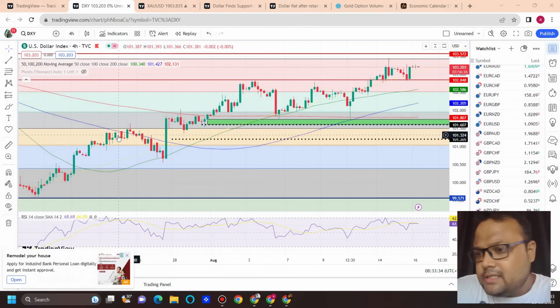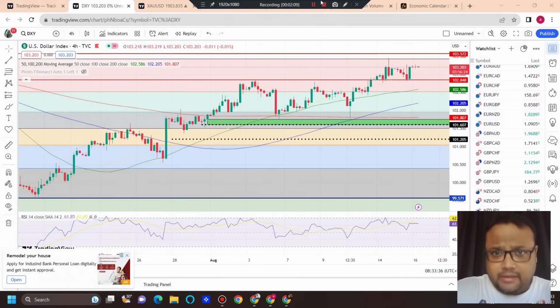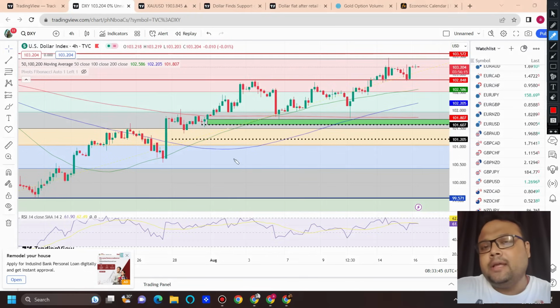The dollar index has been in an uptrend for quite some time, and if we look at the reasons, we won't find any strong fundamental reason. So yes, there is a possibility that we may get to see a drop after FOMC.